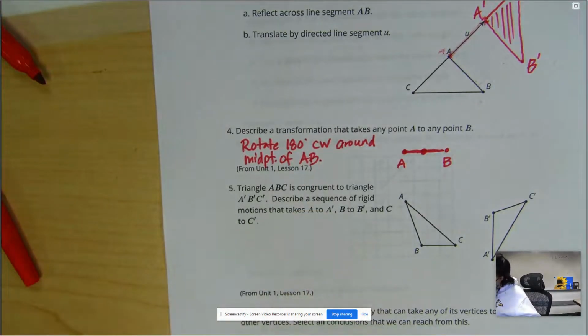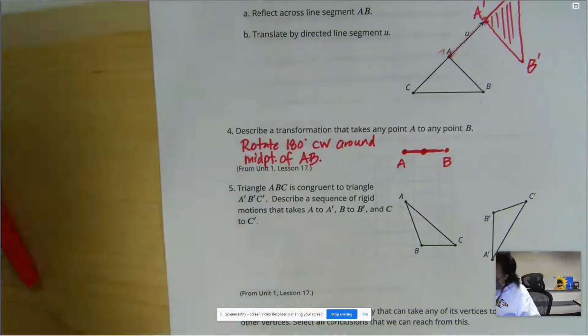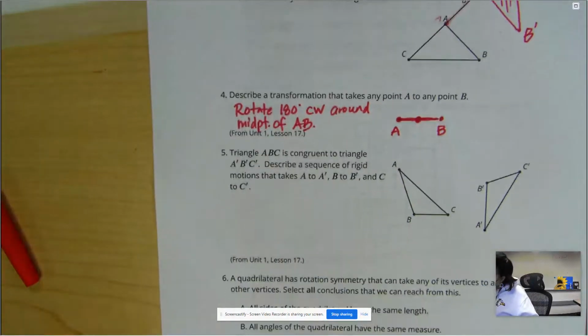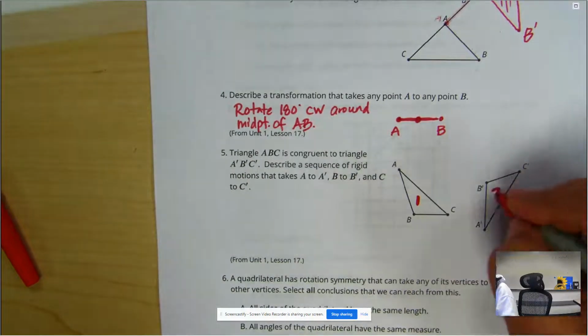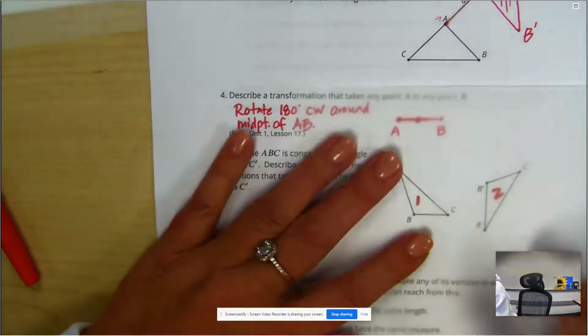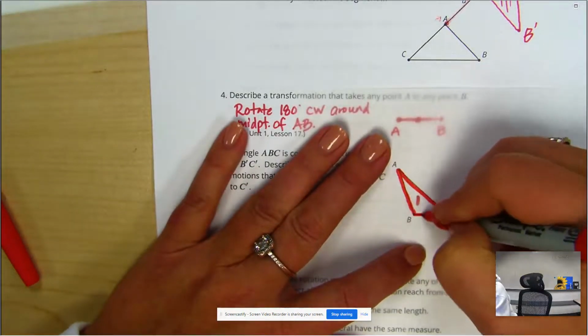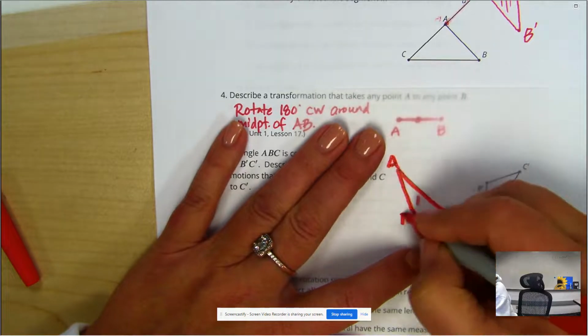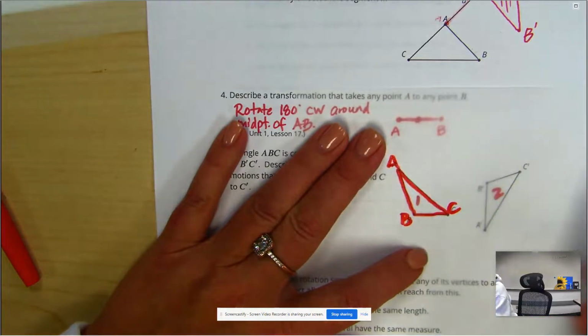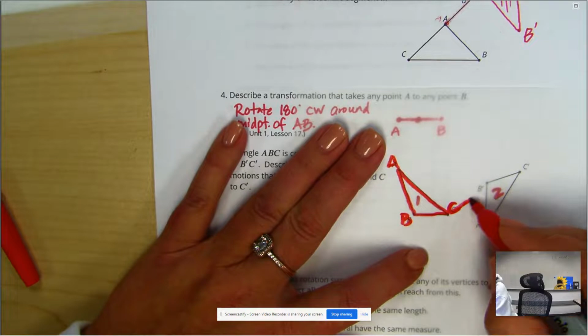All right, last one, number 5. Triangle ABC is congruent to triangle A prime, B prime, C prime. Describe a sequence of rigid motions that can take, we'll call this figure 1 to figure 2. So the easiest way is to get one of the points lined up with its image. I'm going to do C to C prime.